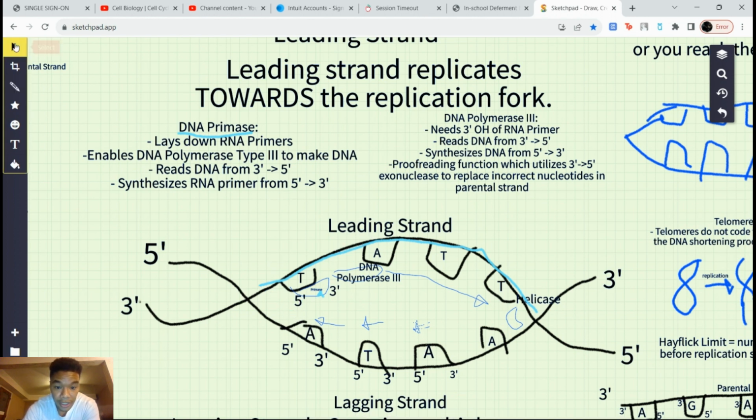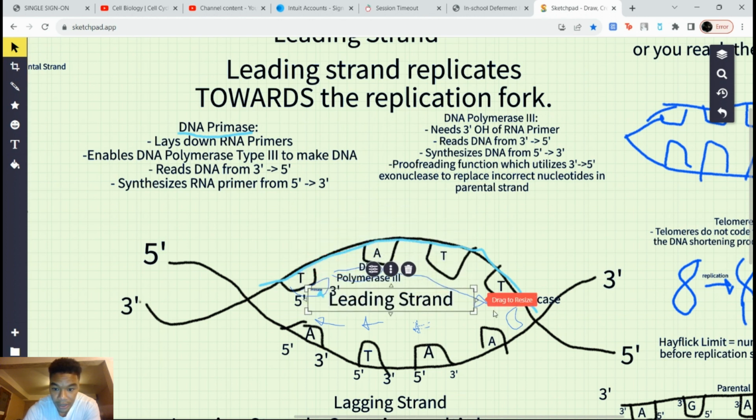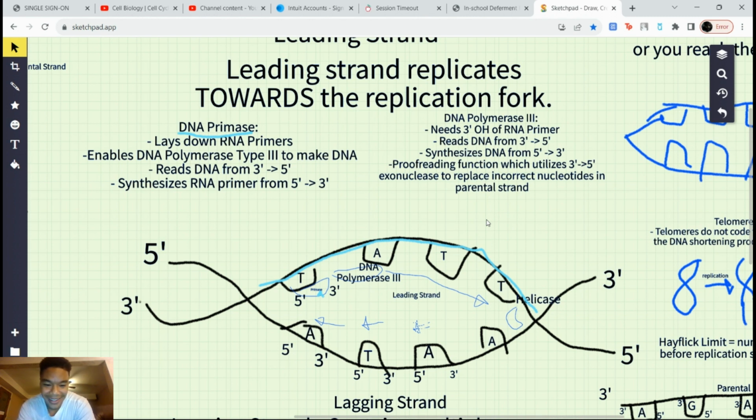So the leading strand is going to be, I can't really fit that in there. Sure I can. Never say you can't. There it is. Anyways, the leading strand goes that way.